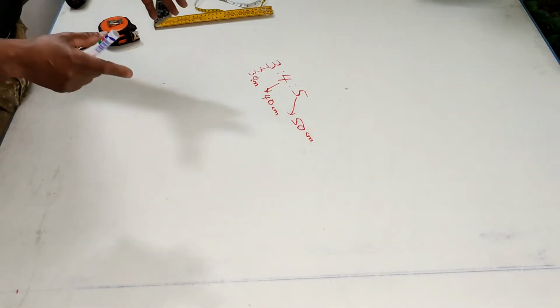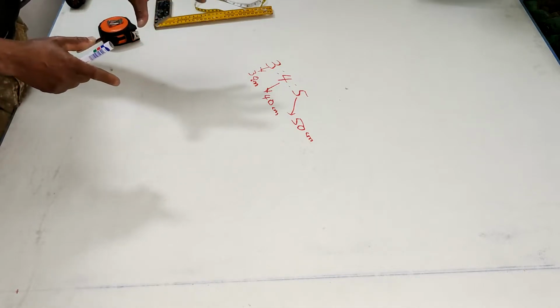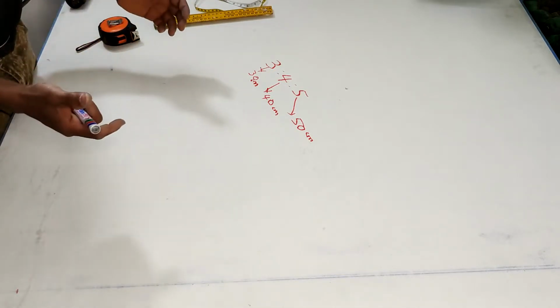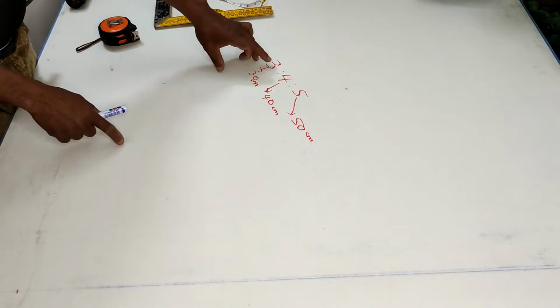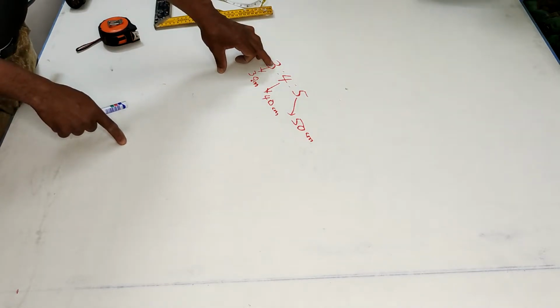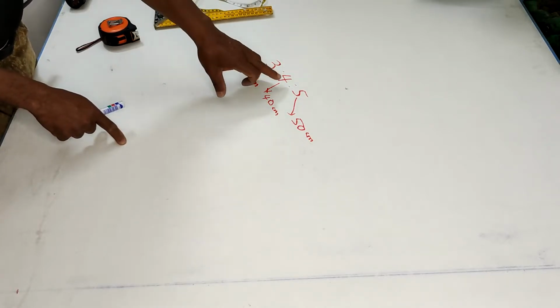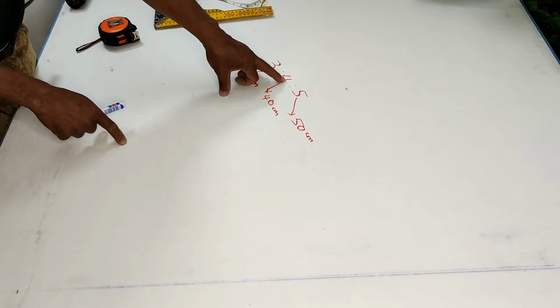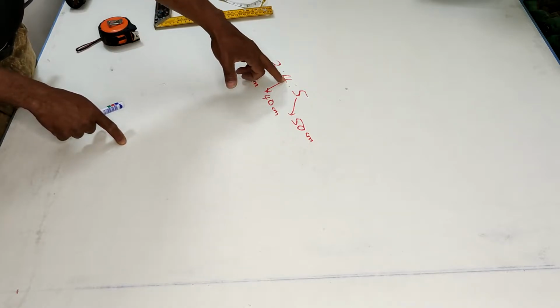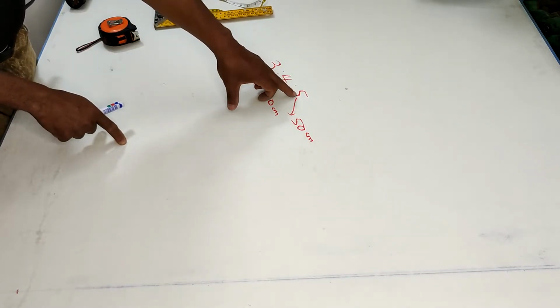So anything I want to do, if I want to expand it, if I multiply this one by 2, 2 times 3 is 6, I will also multiply this one by 2, 2 times 4 is 8. And at the same time, I multiply this one by 2, 5 times 2 is 10.